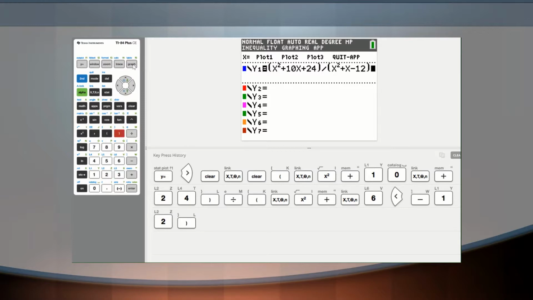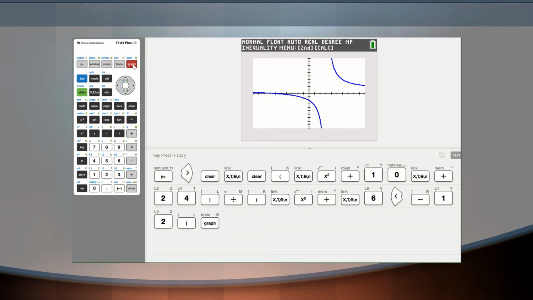Let's go take a look at our graph. Okay, so when x is equal to positive 3, I've got a vertical asymptote, and the horizontal asymptote is where y is equal to 1, though you can't really see it here.